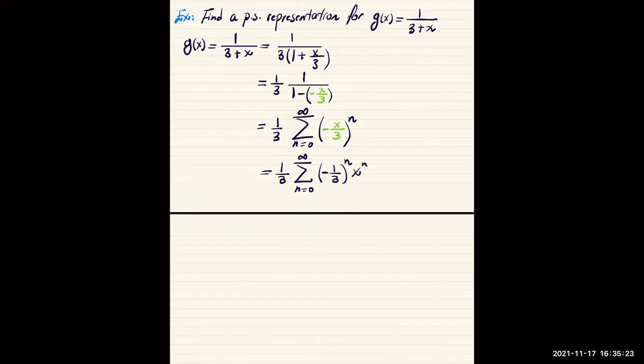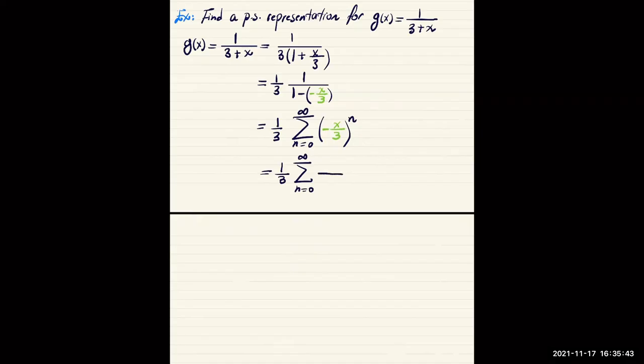Pretty much. I could even separate the factors more here. Just separate each factor. Let's see what factors we have. We have negative, we have the 1/3. I could separate those factors.